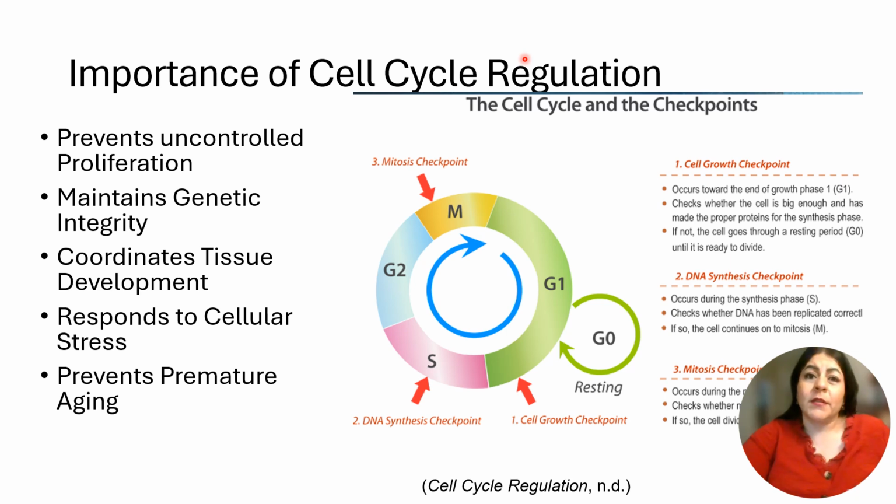Proper cell division requires a precise sequence of biochemical events to ensure each daughter cell acquires essential life-sustaining molecules.